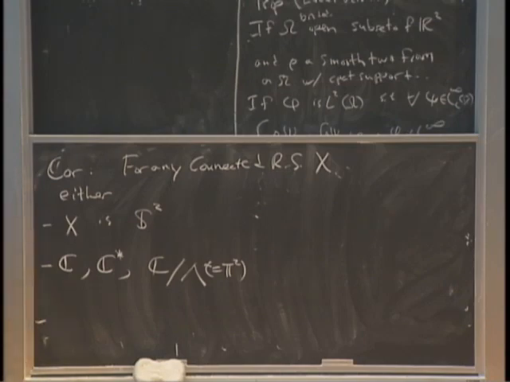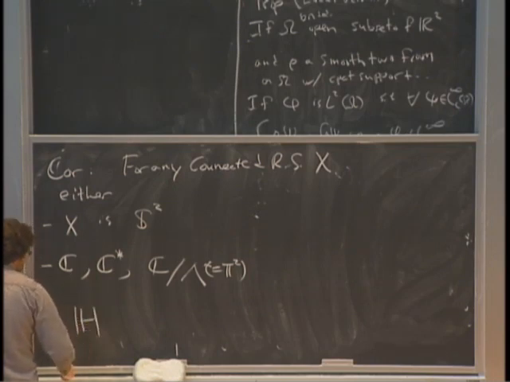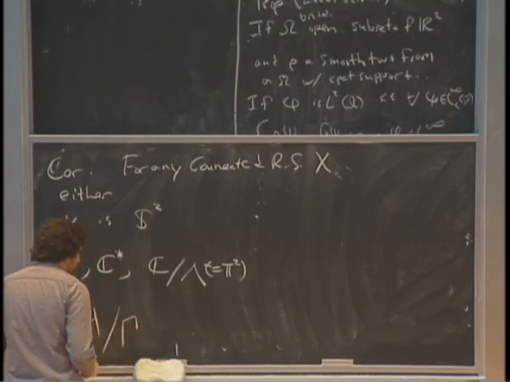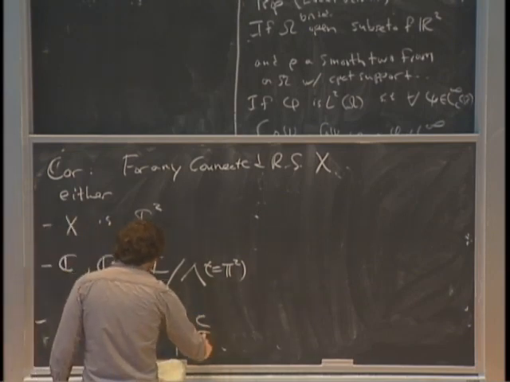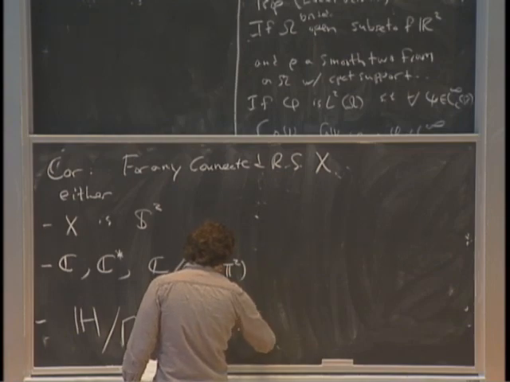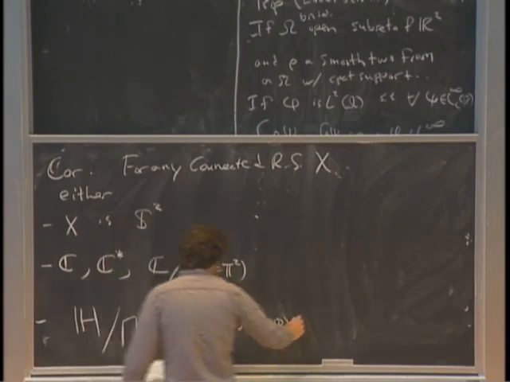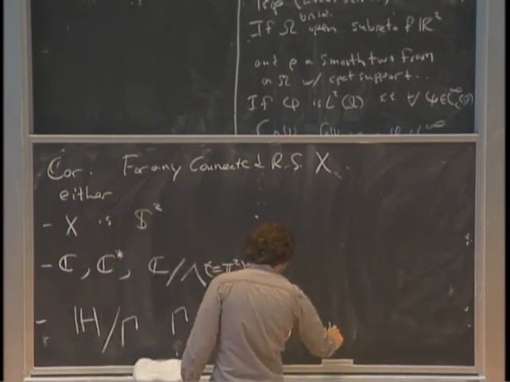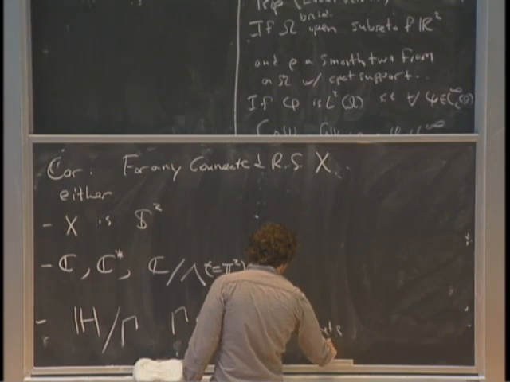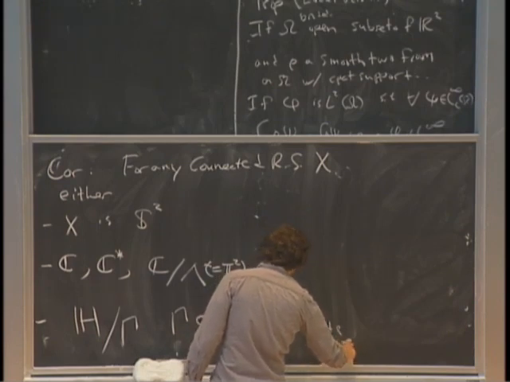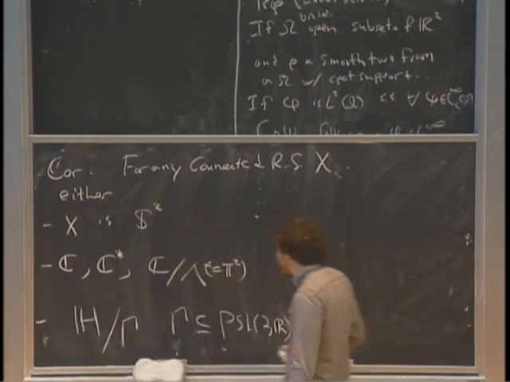And then the final situation is that essentially you have, let's think of it as the hyperbolic space, the upper half plane. So it's the upper half plane mod gamma, where gamma is a discrete subgroup of PSL2R. So there's lots of such groups. This is a discrete subgroup which is acting freely, so the quotient is a Riemann surface.